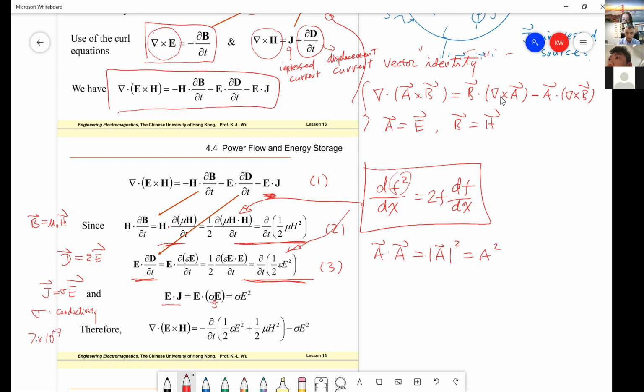For a dielectric, it's very, very small, as small as 0. This relation is also a scalar relation.